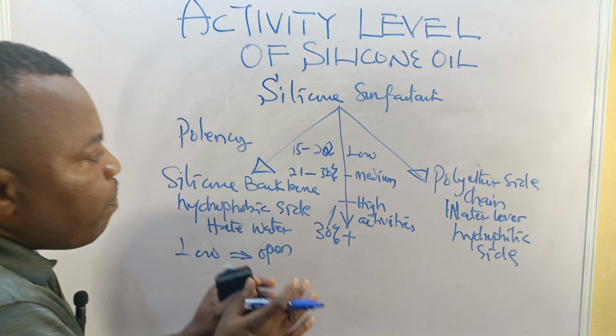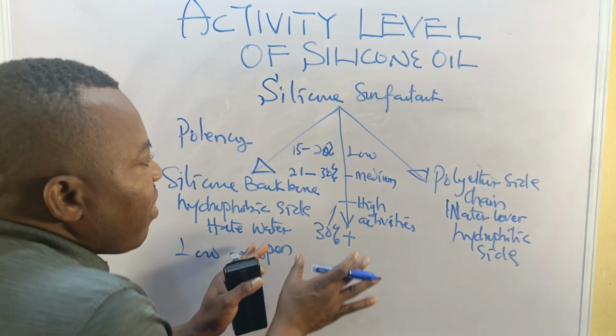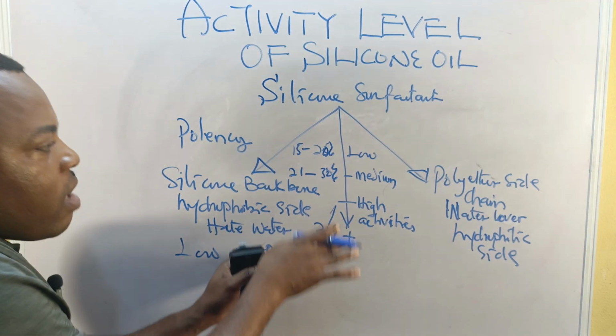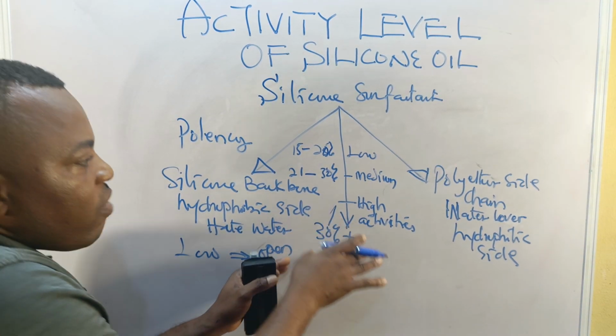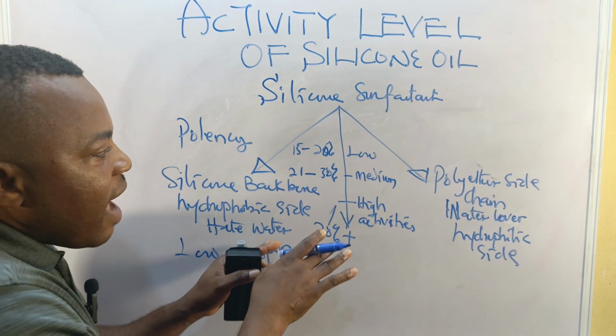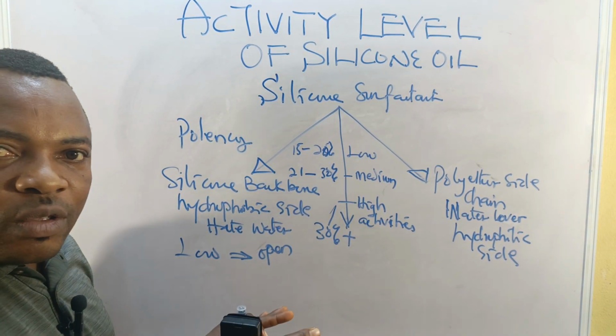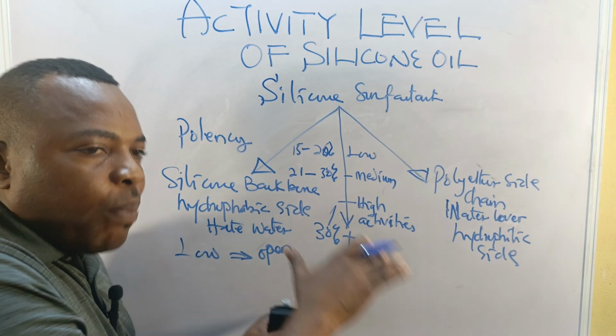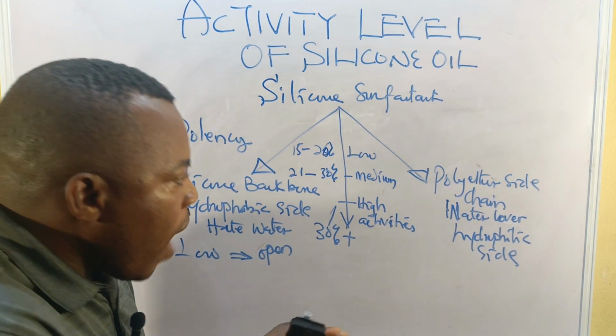For you as a PU foam formulator, these are the secrets of choosing silicone. If you understand this, it will enable you to produce very standard and stable formulations, to achieve any best density and the property that you want.